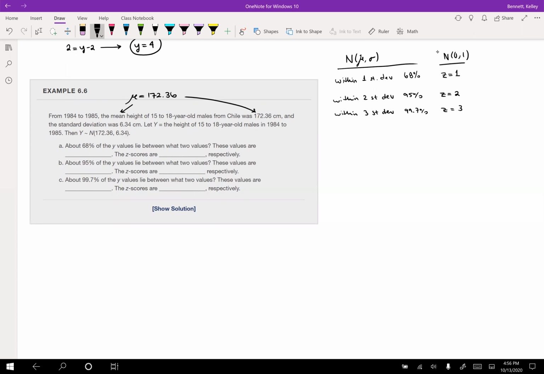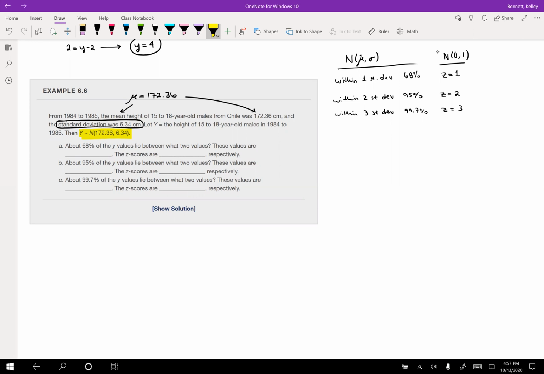The standard deviation was 6.34. Let Y be the height of 15 to 18-year-old males in Chile from 84 to 85. So then we can see here, Y follows a normal distribution with mean, as we identified, 172.36, and standard deviation 6.34.